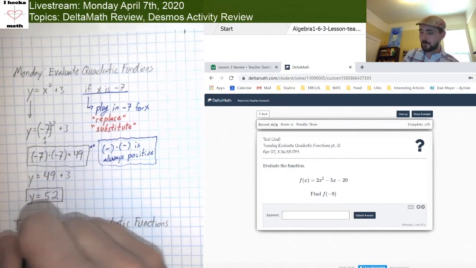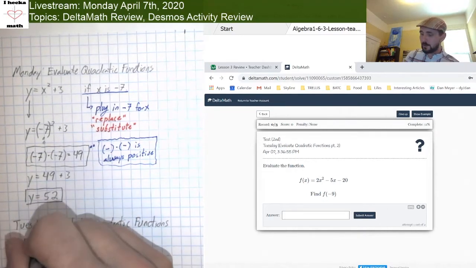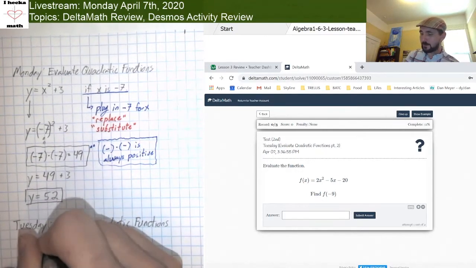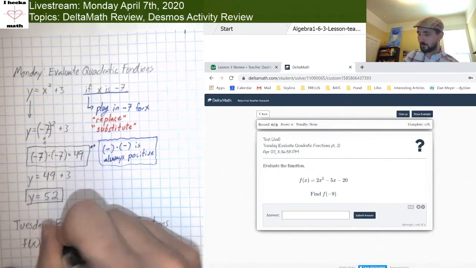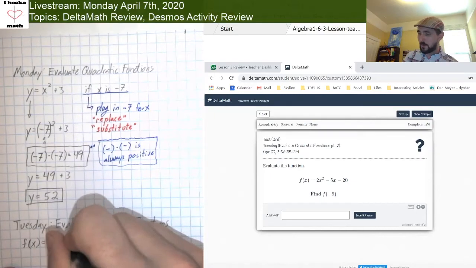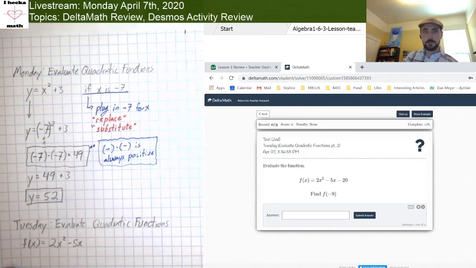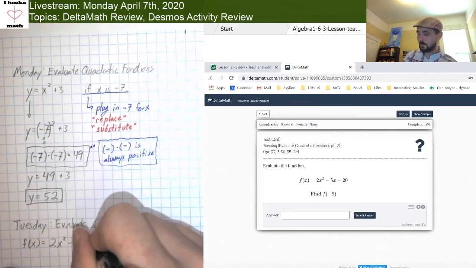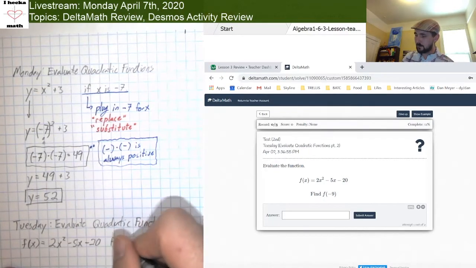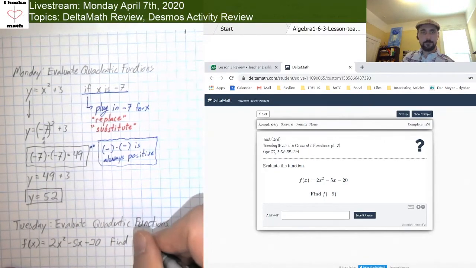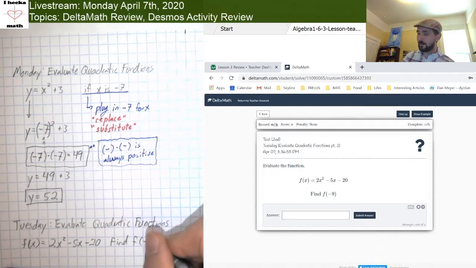So let me copy down this example. f of x equals 2x squared minus 5x minus 20. And then it says find f of negative 9.